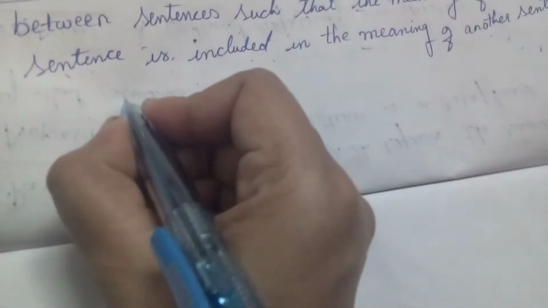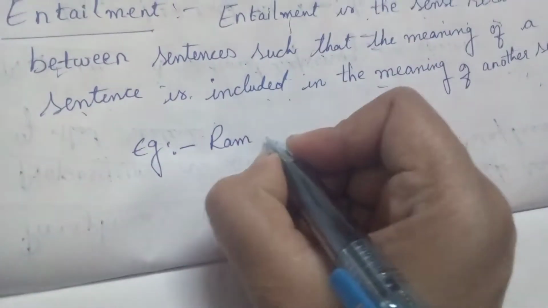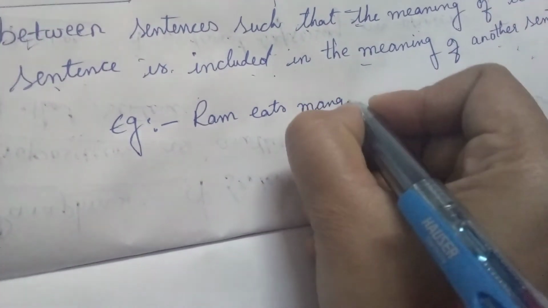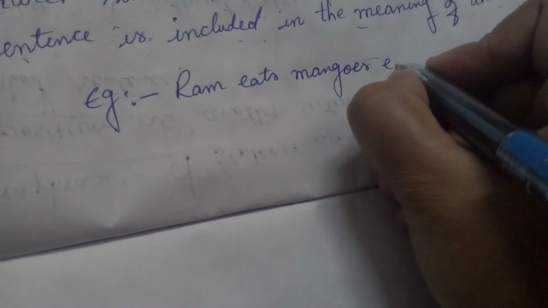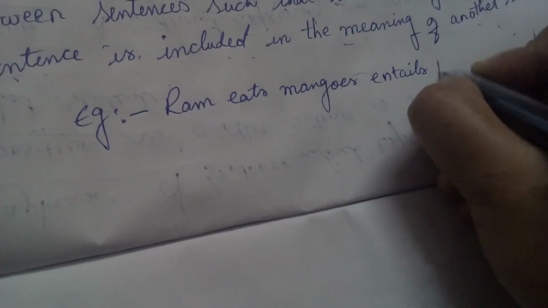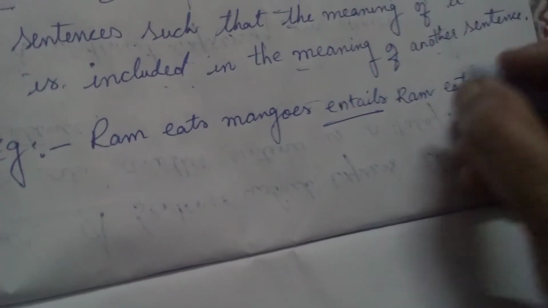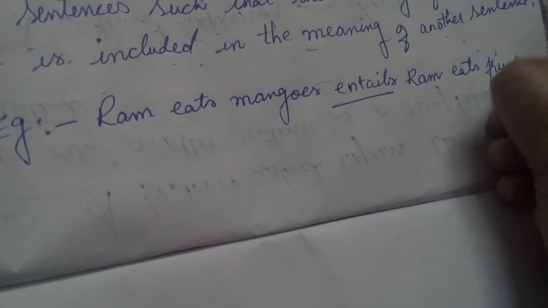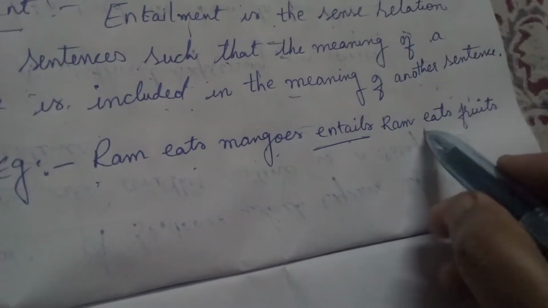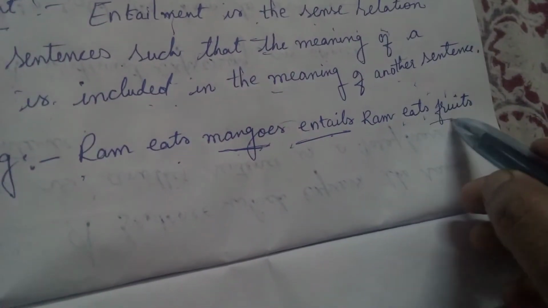For example, Ram eats mangoes entails Ram eats fruits, because mangoes are a part of fruit.